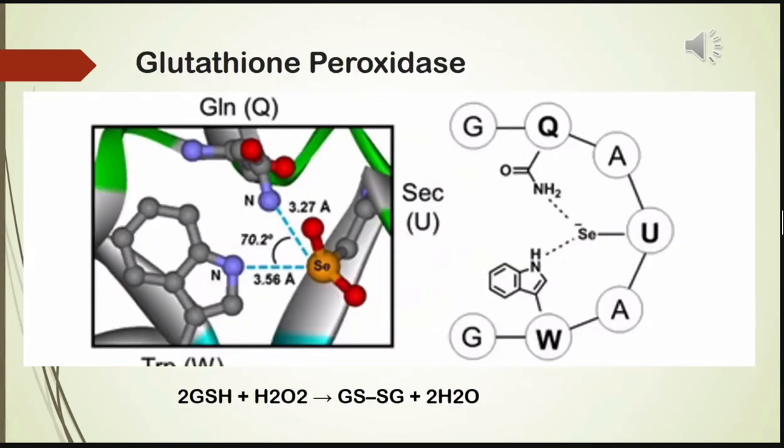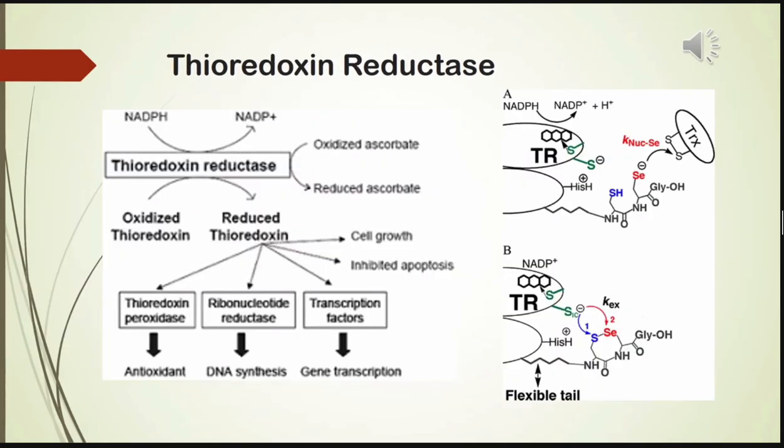This is glutathione peroxidase. It is able to convert peroxide into water. Just to show you, the active site for glutathione peroxidase would contain selenium. Thioredoxin reductase is used to convert oxidized thioredoxin to reduced thioredoxin.